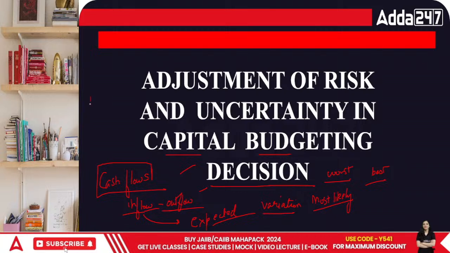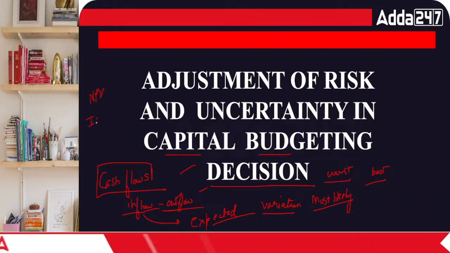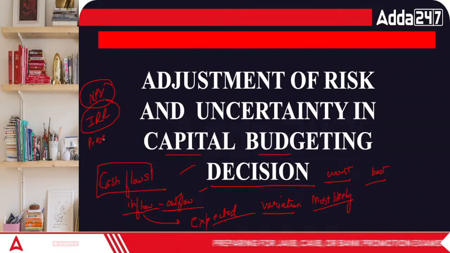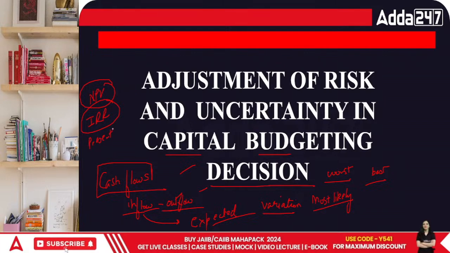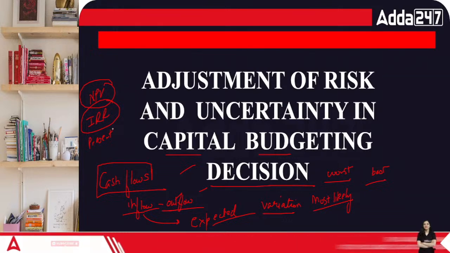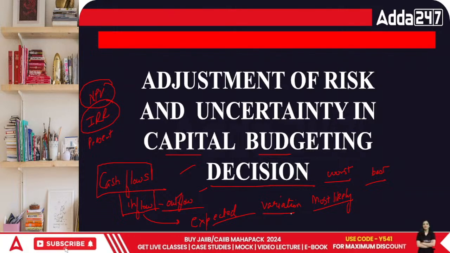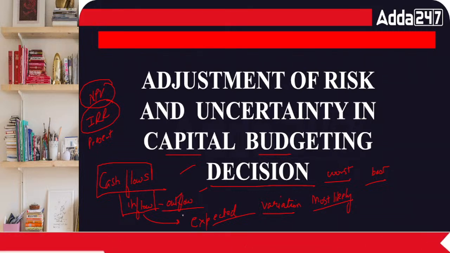That is where you can calculate your NPV or IRR, all those things that we need as per present value, or even if we are using payback period, simple methods. We need to know what our inflow would be over the period of time. So in this case, it is expected variation. We are trying to find out the expected cash inflow and cash outflow.